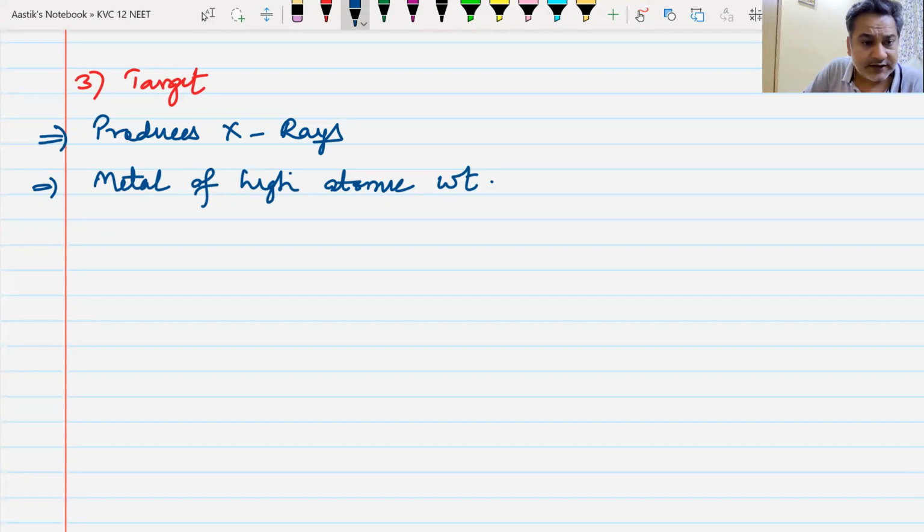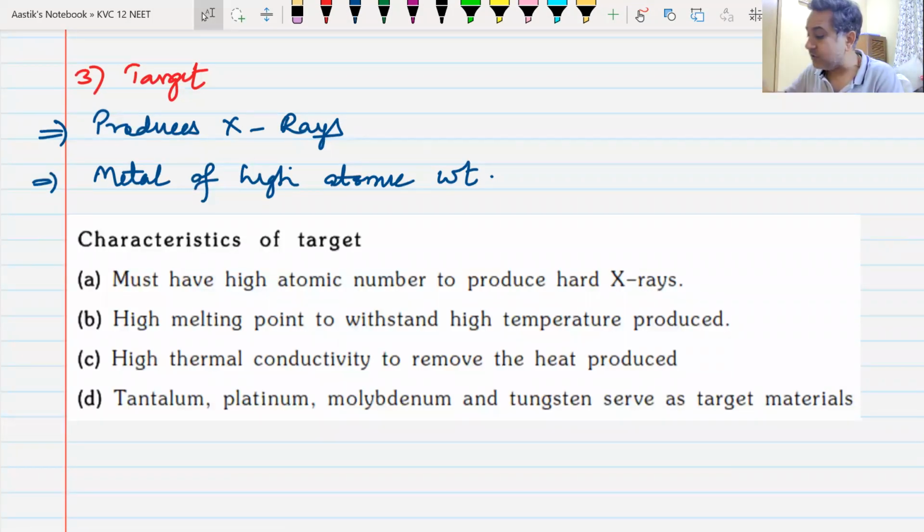Now, apart from this, there must be certain characteristics of the target. I'll show it to you and then you can note them down. All these are information-based questions and you must be able to remember them. First listen to me, then you can note it down. The first characteristic is that it must have a high atomic number to produce hard X-rays. If the atomic number is not high, it will not produce high energy X-rays.